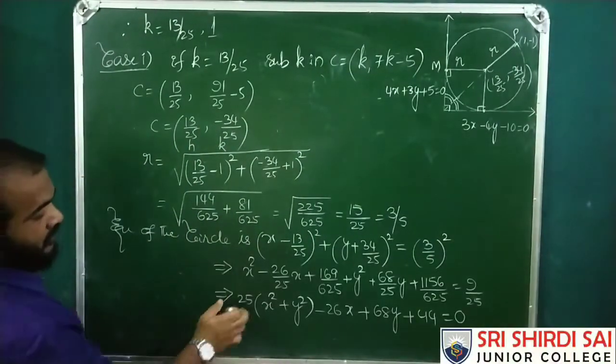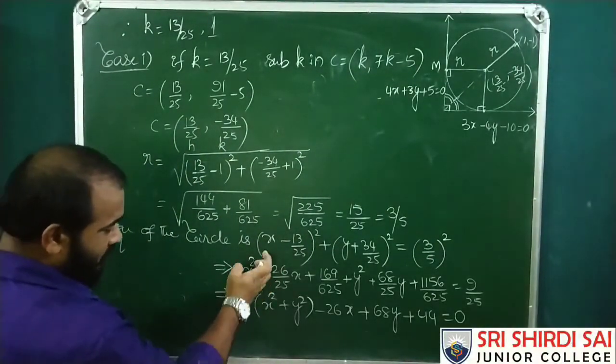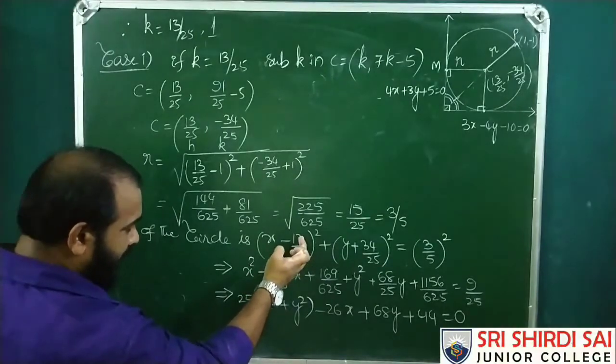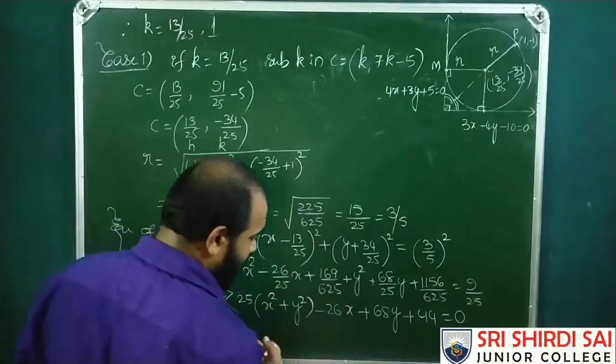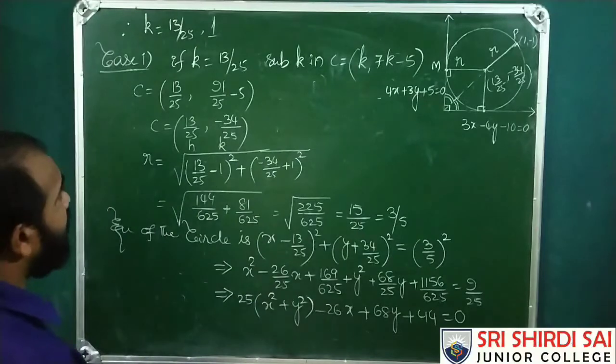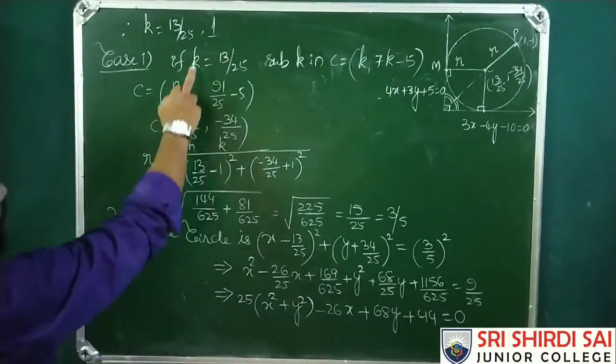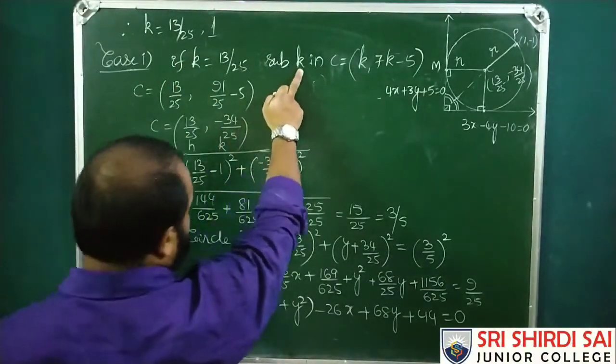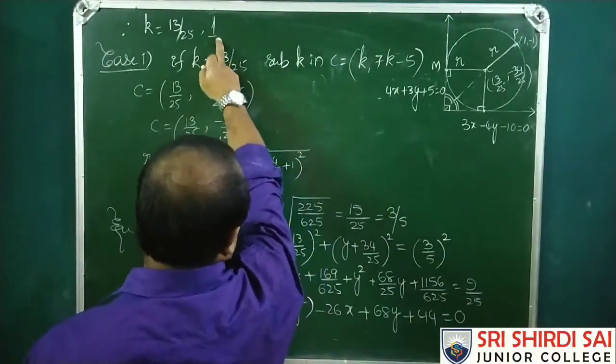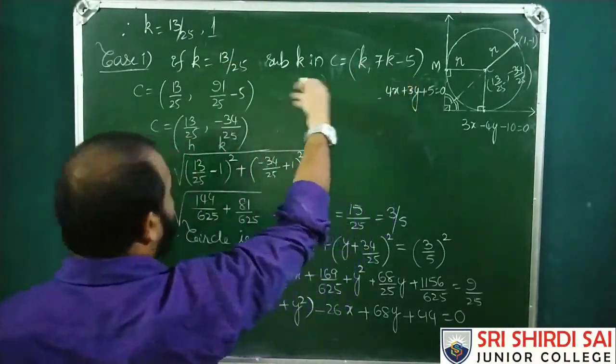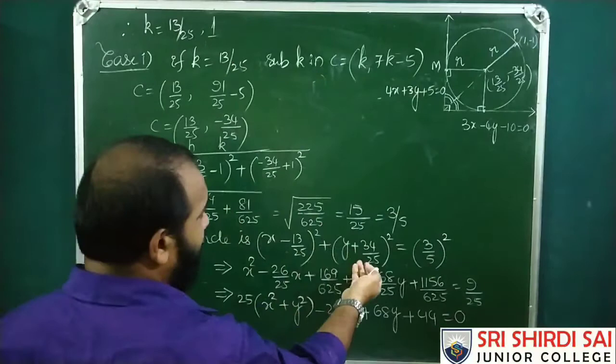That implies x square, so 13 by 25 whole square. So this is what we got. Now the second case: if k is equal to 1, substitute k in that, then another condition we are getting.